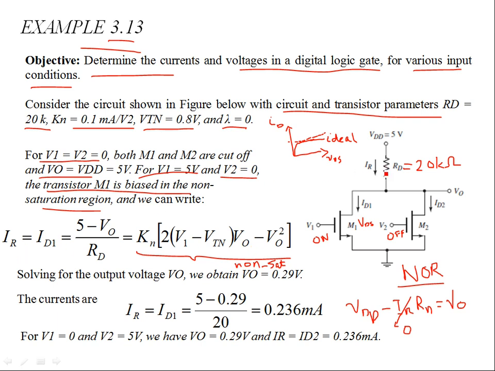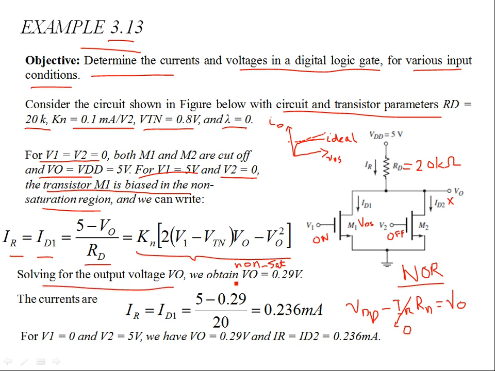So for my IR, because this is an open circuit, this is off, you don't have any ID. So IR is basically ID1, which can be written as 5 minus V naught over RD. This is your IR, which is equal to ID1, so that can be related to the output voltage in a quadratic manner in the non-sat IV equation for the ideal MOSFET.